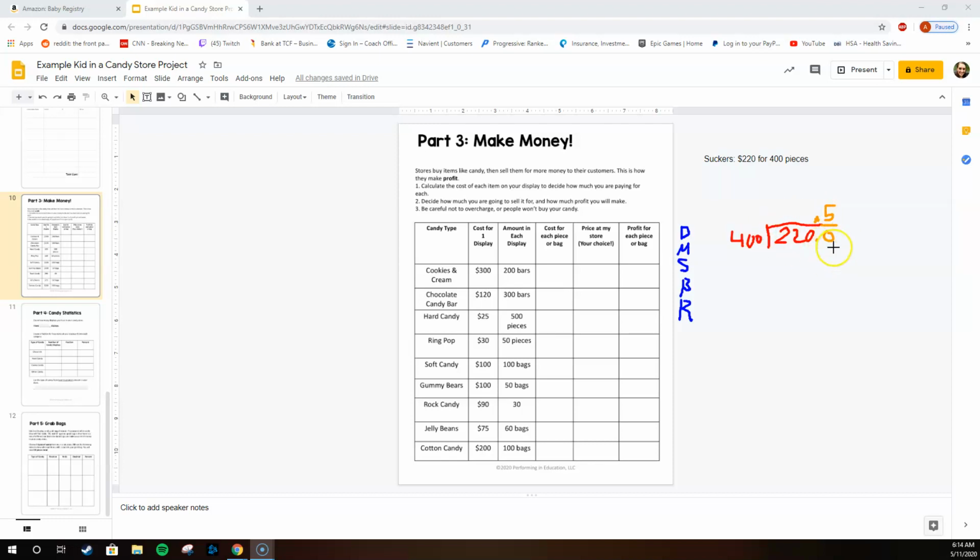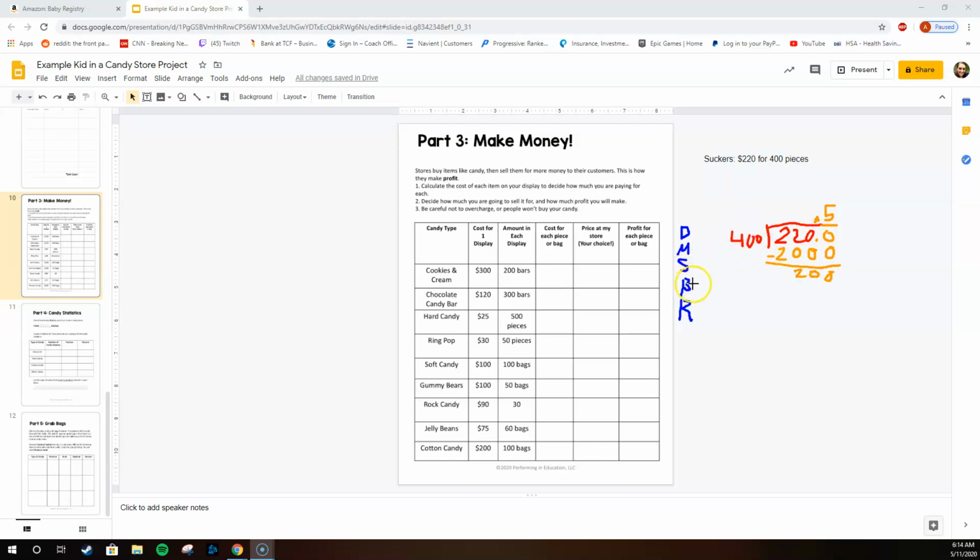So 5 times 0 is 0, because we're on multiply now. 5 times 0 is 0. 5 times 4 is 20. Brings us to our next step, subtract. So we get 0, 0, 2.